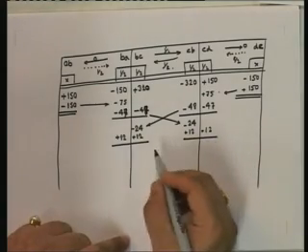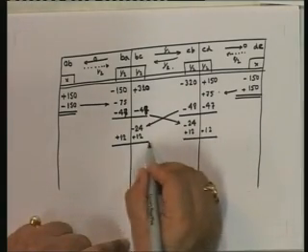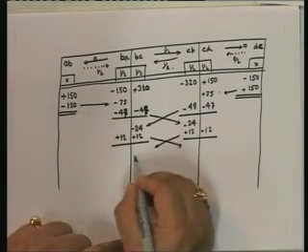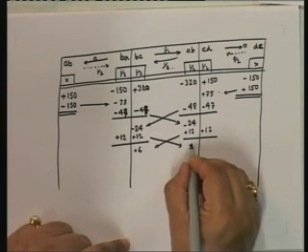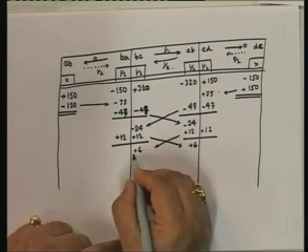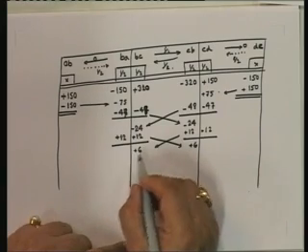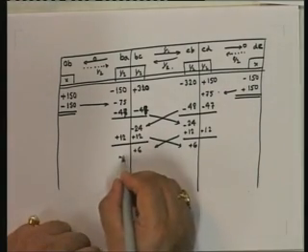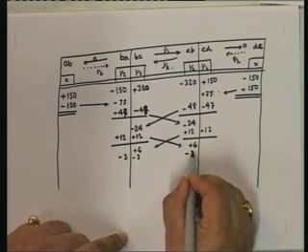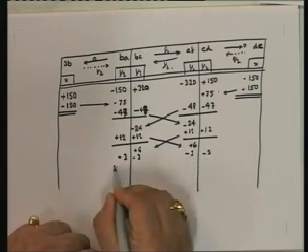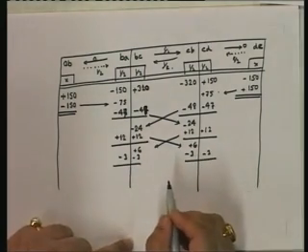Balance. Now no carryover here, only carryover here and here. This is going to be plus 6, plus 6. Okay, so now it's going to be minus 3, minus 3, minus 3, minus 3. That is what it is.